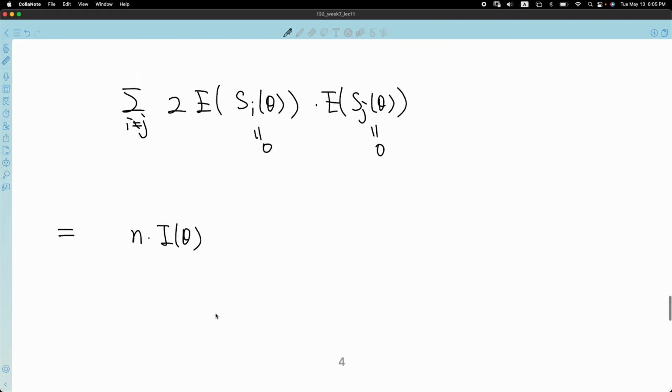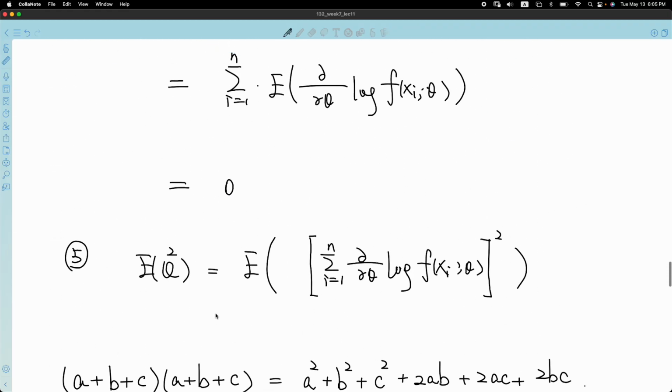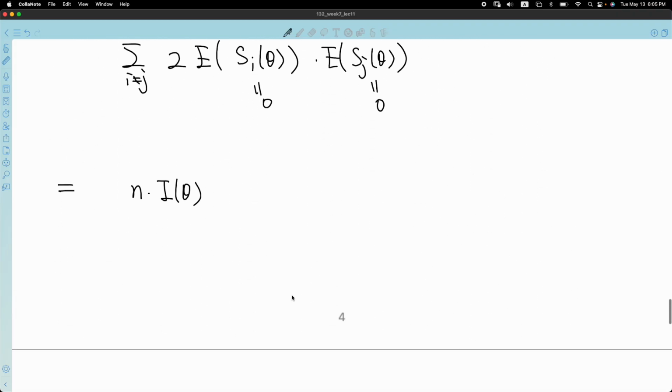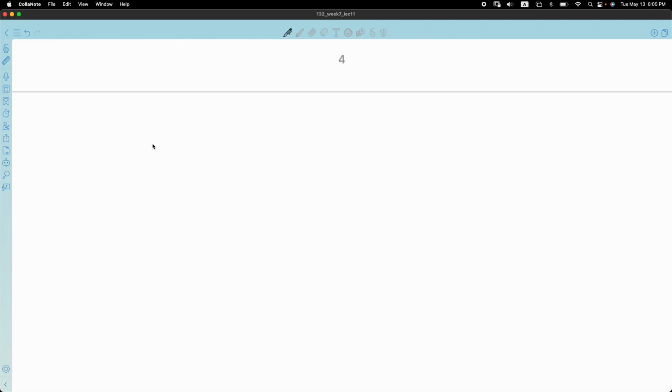Okay, so now let's go back to our inequality. Let me copy paste the one that I'm referring to, and now I'm just going to fill in all the terms. For the first part, we have the expectation of Q multiplied by theta hat, which we already know equals 1, minus the expected Q times the expected theta hat, which is equal to theta.